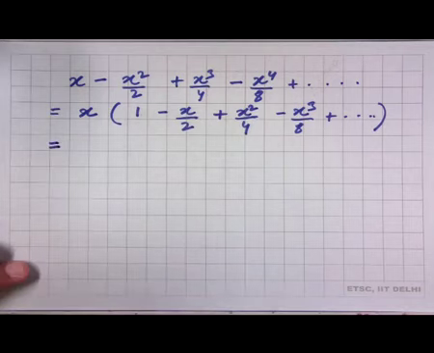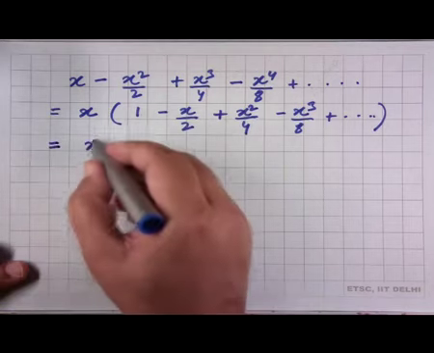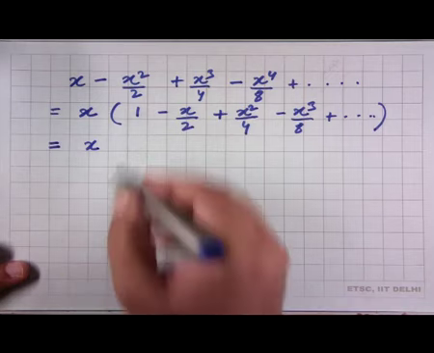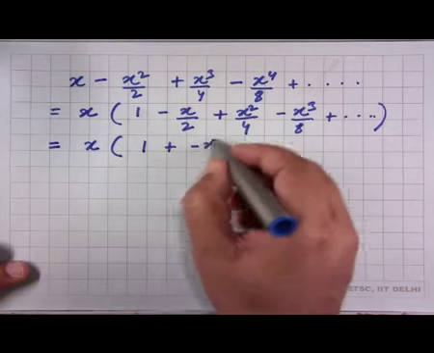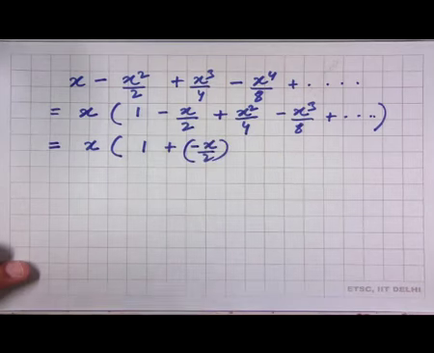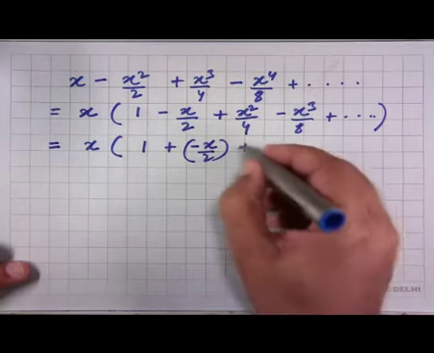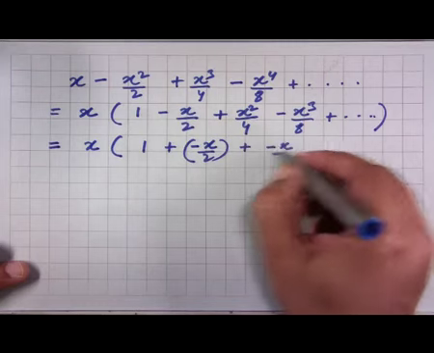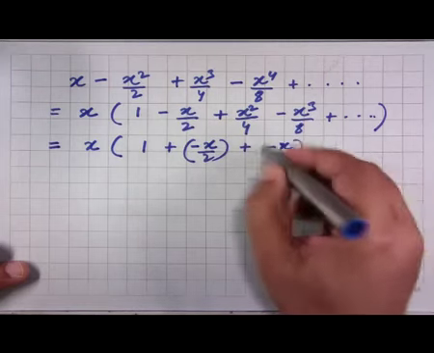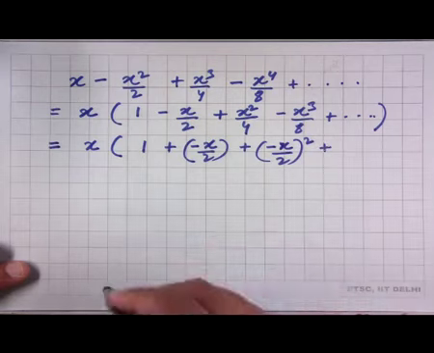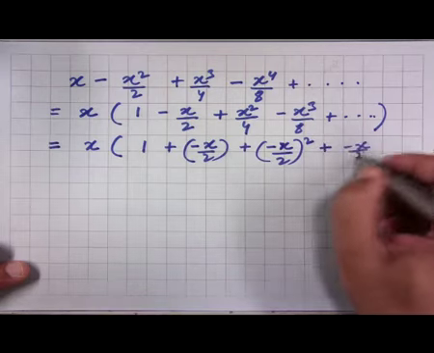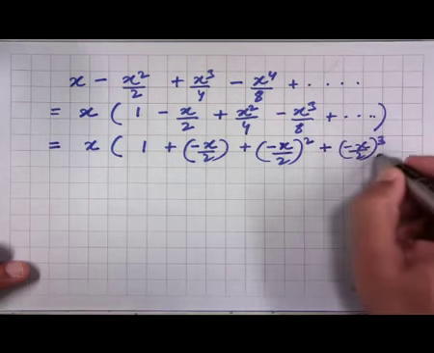And that can be written as x times 1 plus minus x over 2 plus minus x over 2 whole square plus minus x over 2 cube and so on.